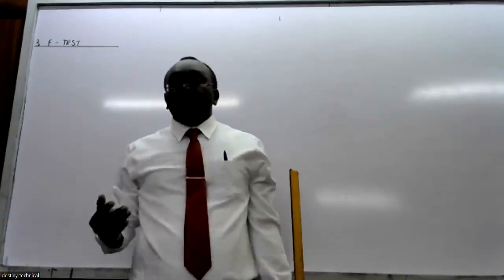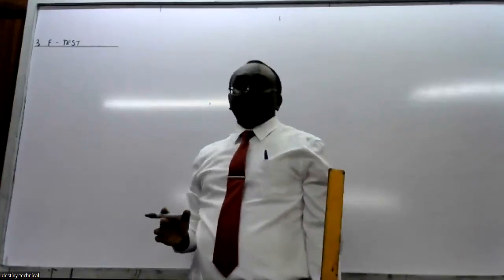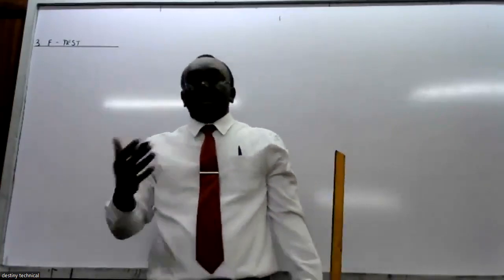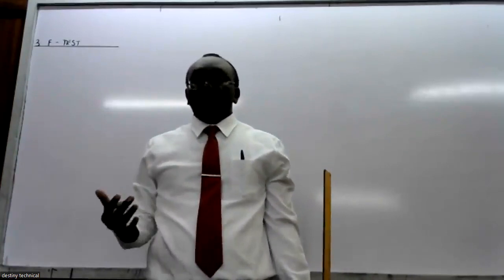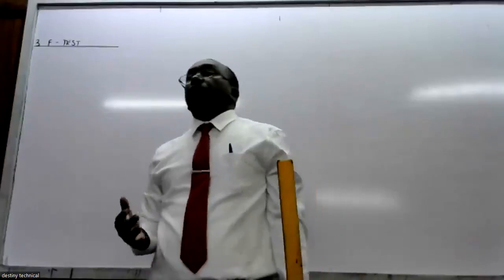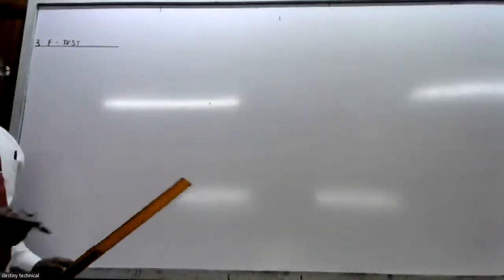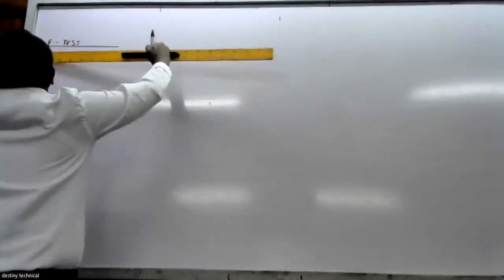For you to know that, we do an F-test to know how significant I am to the other person I'm in a relationship with. There are many indicators that will show that, but one of them is the F-test.